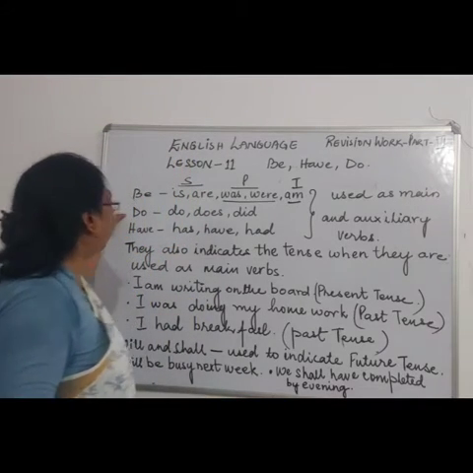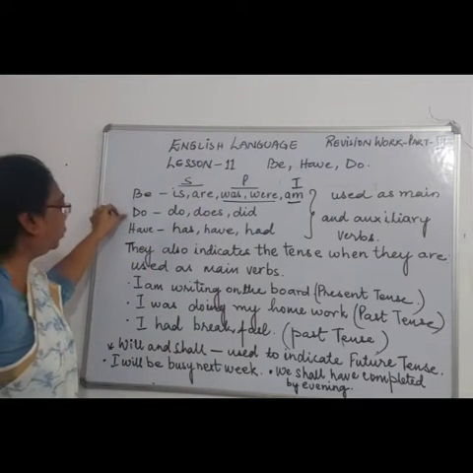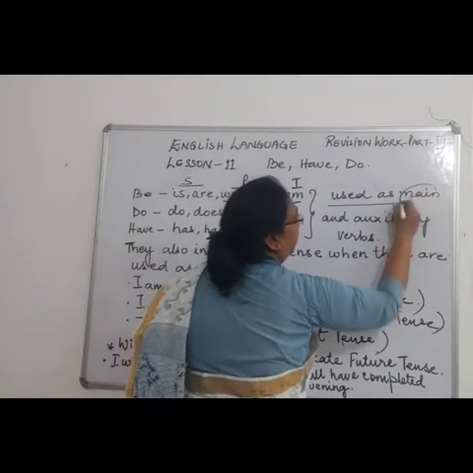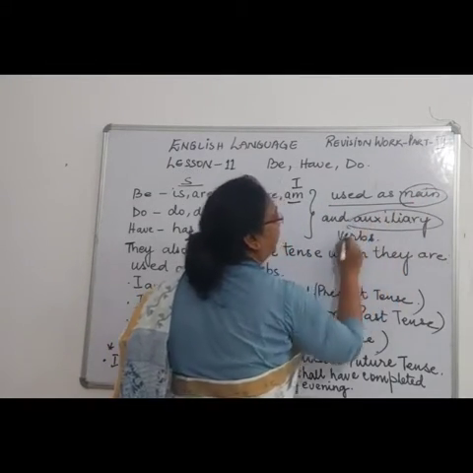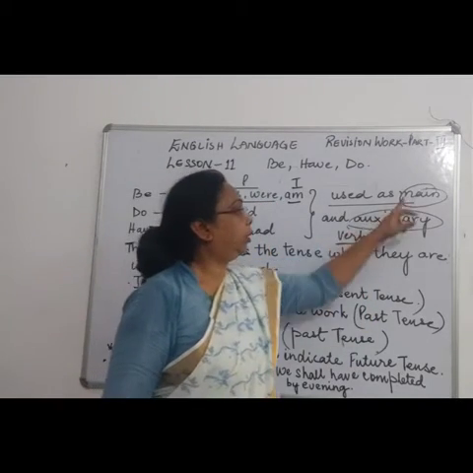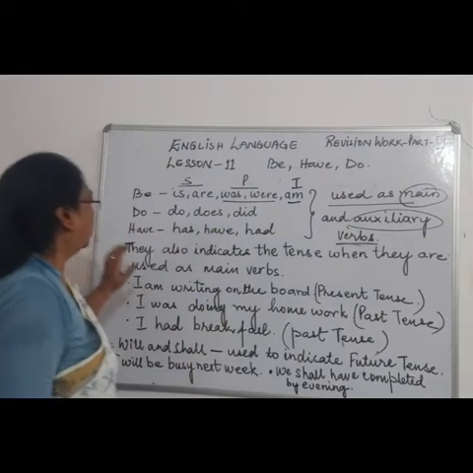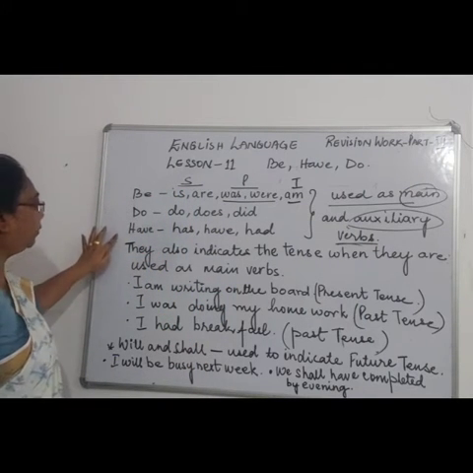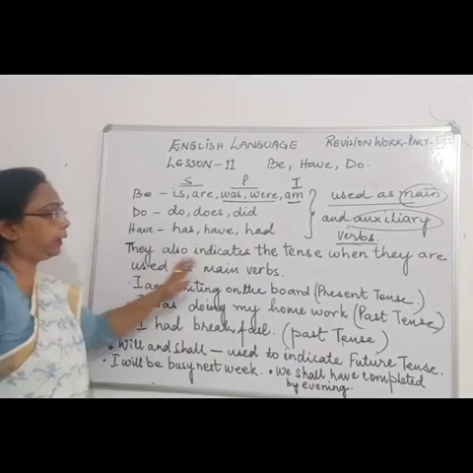Now be, do and have are generally used as main or auxiliary verbs. So what we see is that be, do and have indicate tenses.